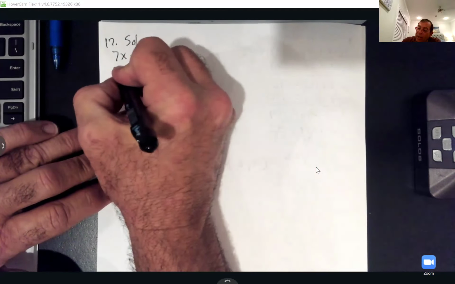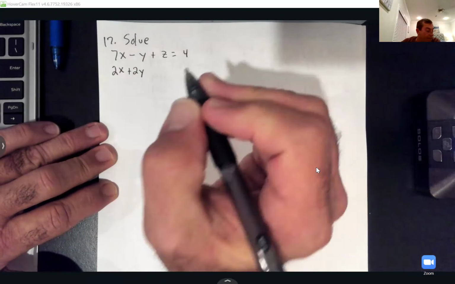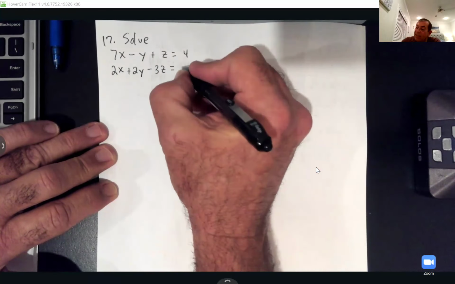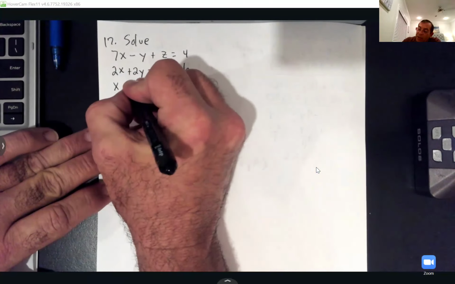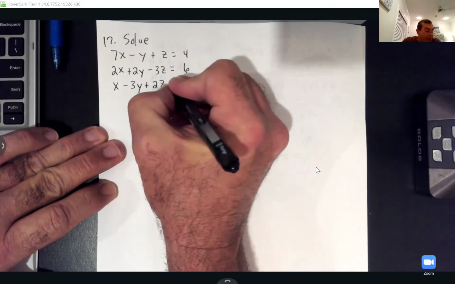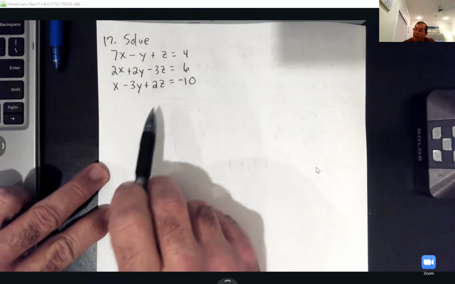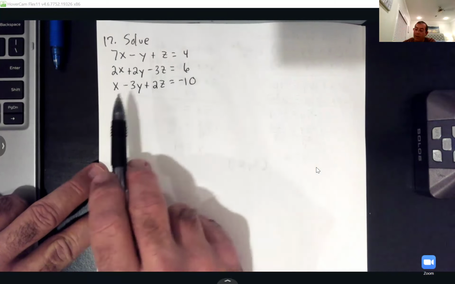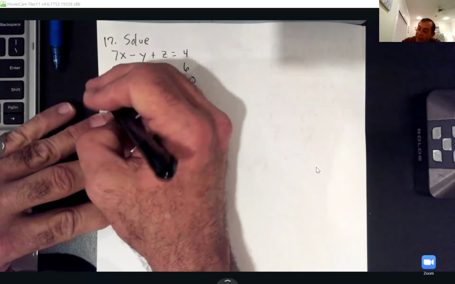Then I got 2x plus 2y minus 3z equals 6. And then finally I got x minus 3y plus 2z equals a negative 10. All right, so let me make sure I got all my numbers right. You hate doing these knowing that you got one number wrong and it messes you up. All righty, y'all.